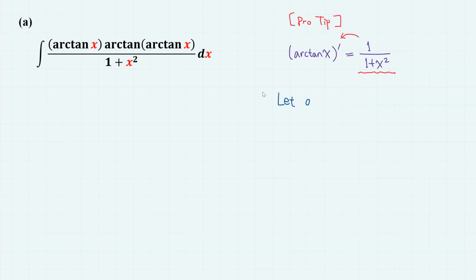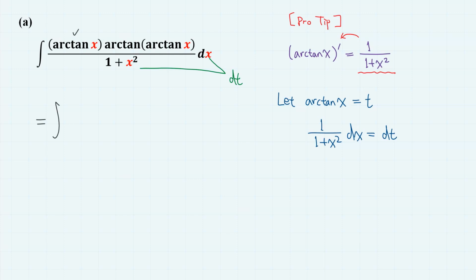Therefore, if we use the substitution, arctangent x equals t, then since 1 over 1 plus x squared dx equals dt, this part becomes dt. So the integral becomes arctangent x, so t, then arctangent of arctangent x, so arctangent t, then this dt.